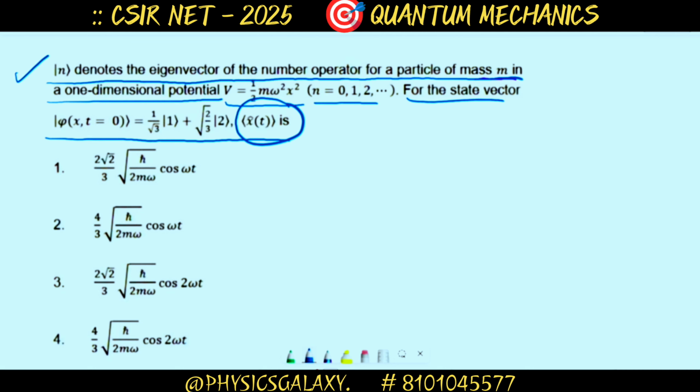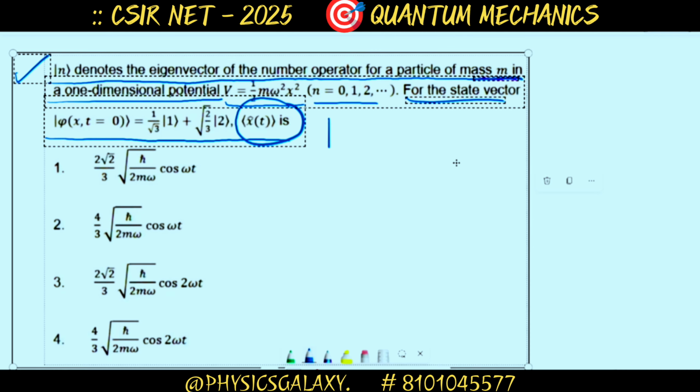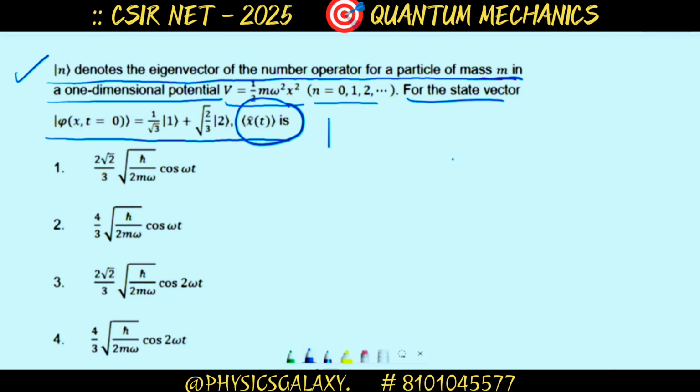Okay, so phi is given, but this is phi at t equals 0.